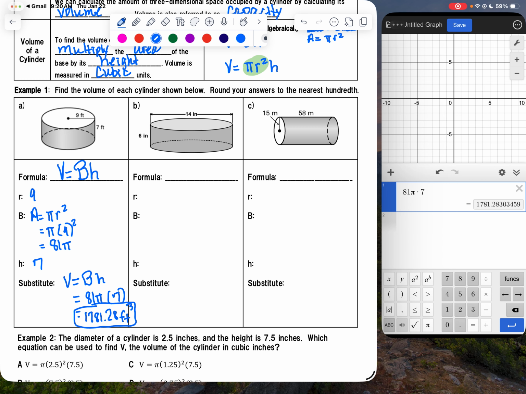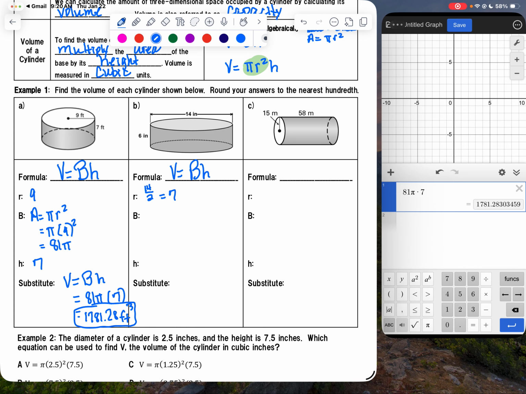All right. In our next cylinder, we have a cylinder with a height of 6 inches and a diameter of 14 inches. We're still using the same volume formula, area of the base times the height, but in this problem, our radius is 14 divided by 2, which is 7 units.